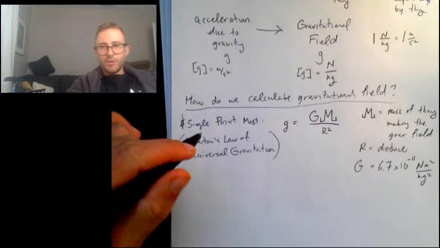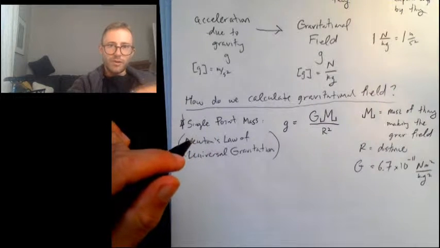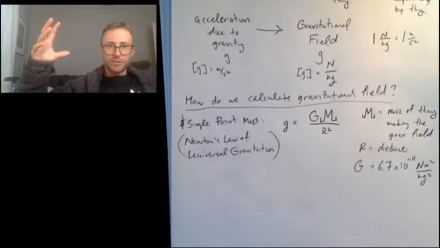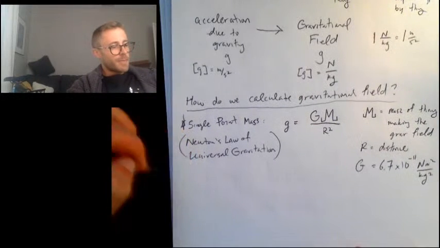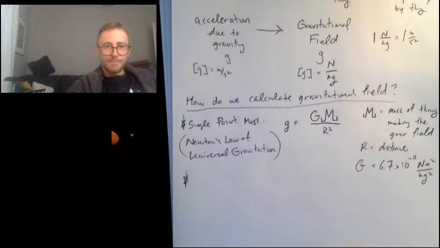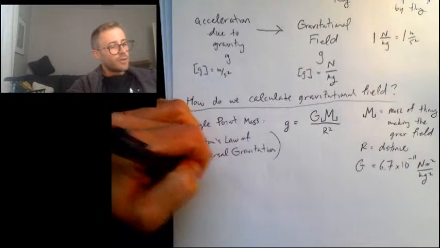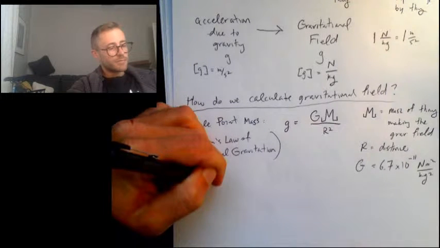But most things are not points. Most things are distributed objects. So the next case we are going to consider is, what if we have a spherically symmetric object?